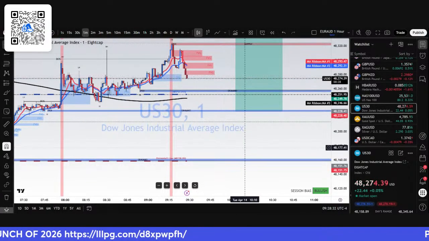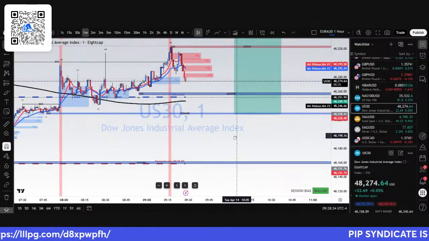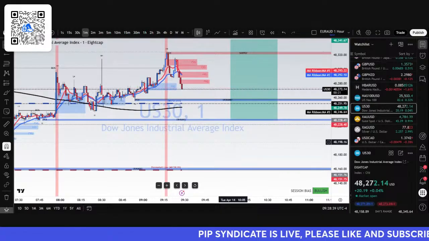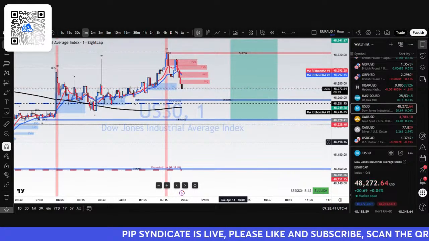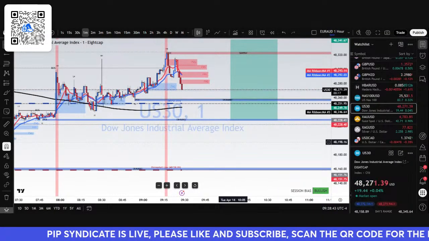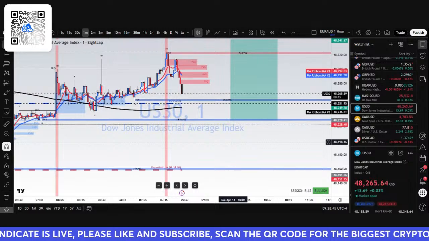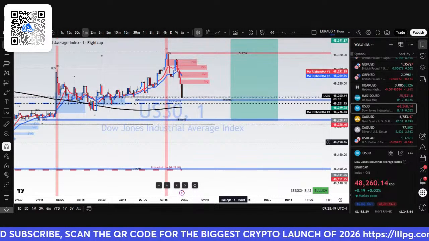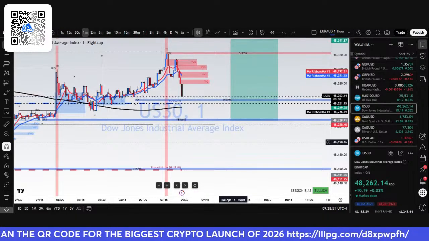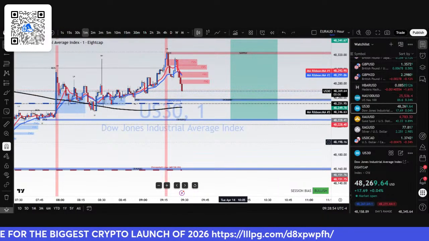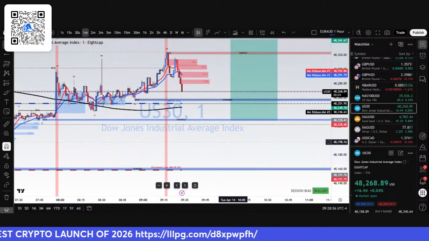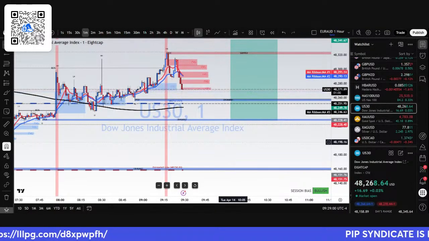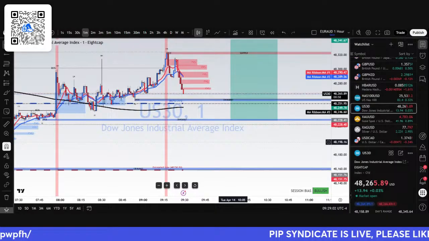Two minutes. Minute and a half. Yeah, there's some pressure now, so let's see what happens. I hope it's not just going to sweep that little zone right there. Could be, though. Okay, one minute, guys. One minute.